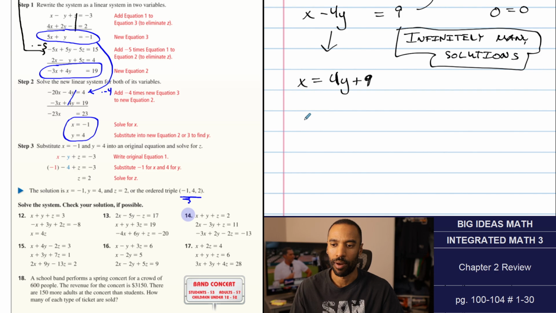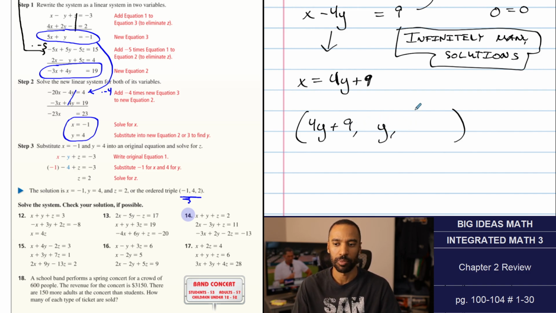So when I write my ordered triple, remember it goes x, y, z. My x is going to be 4y plus 9. My y is just going to be y, and z is going to possibly also be based on y. If it's based on y, I'll write it there. If it's just a single number, I'll just write a single number. How do I figure it out?